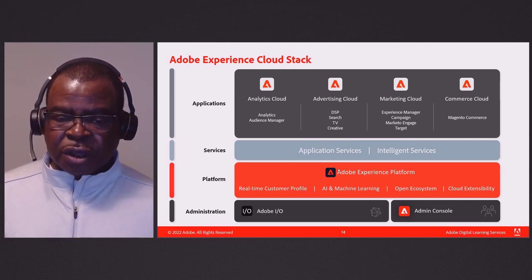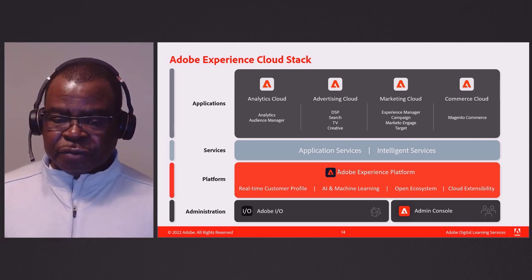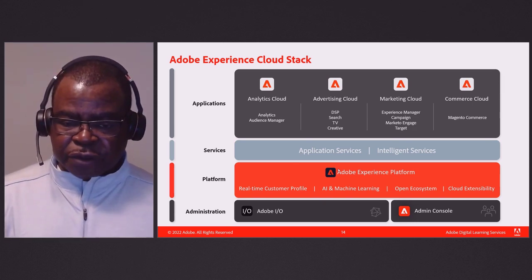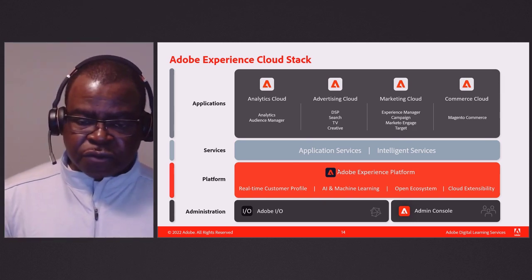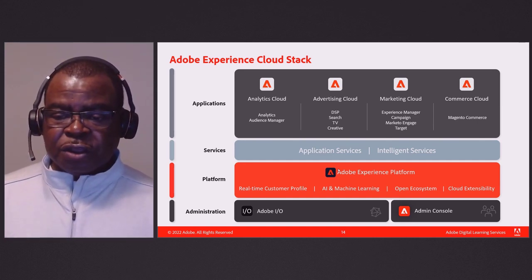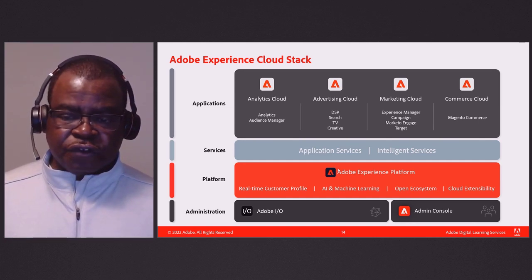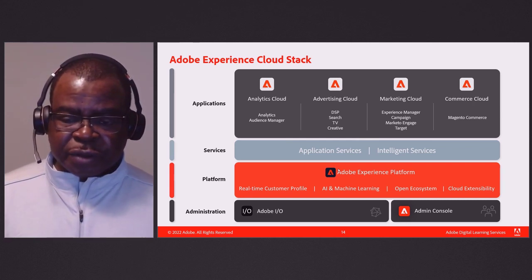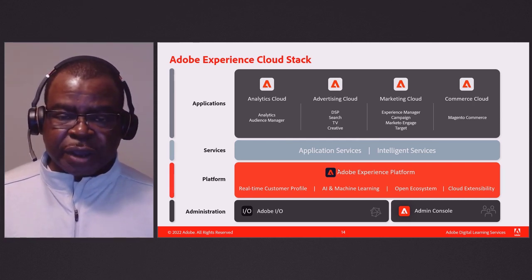On top of that, we've also included service categories. One is the application services that I mentioned, which has the four tools for marketer level, and there are also the intelligence services, which is another category of services that you could subscribe to.